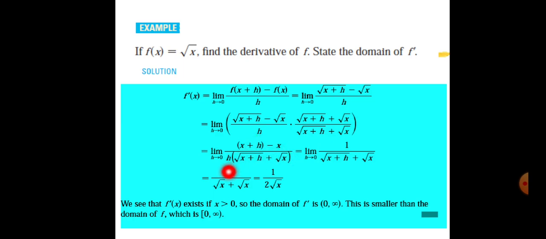Here we have x minus x equals 0, so we have h. This h can be deleted with the h below, so you can cross these two h's. After deleting the h from above and from below, you have this expression. Now substitute h equals 0, so you have 1 over 2 root x.